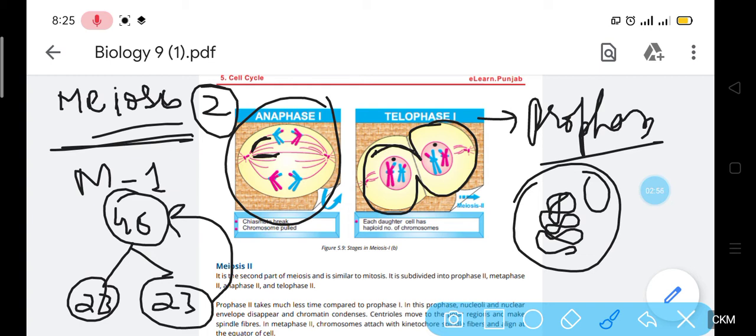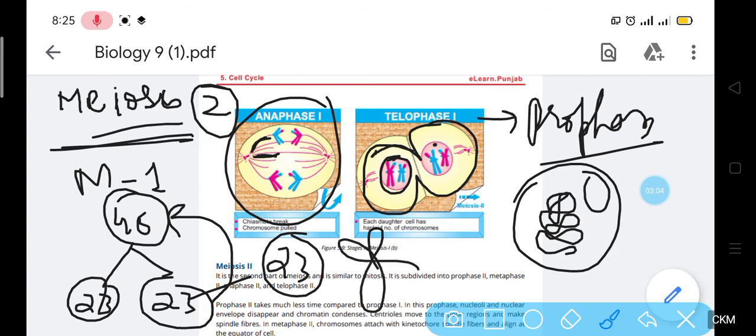Yes, these chromosomes were half, and that was 23. But if you see the condition of the chromosomes, they are in this form. So I have told you before, in that condition the chromosomes are going to be 23, but what will be the number of chromatids? Obviously the number of chromatids will be 46.